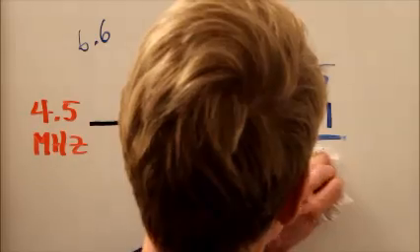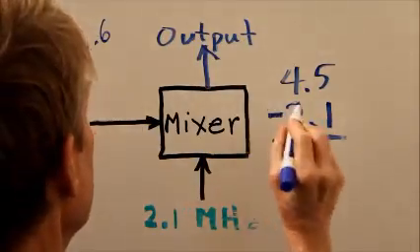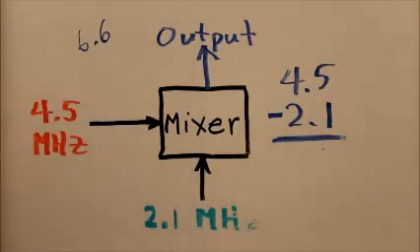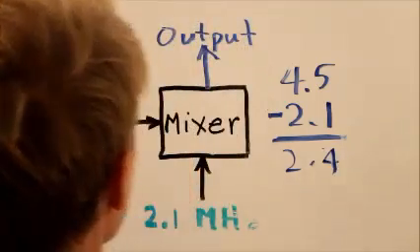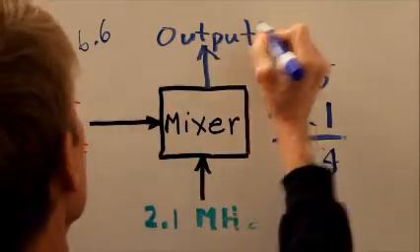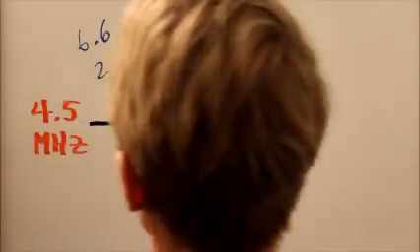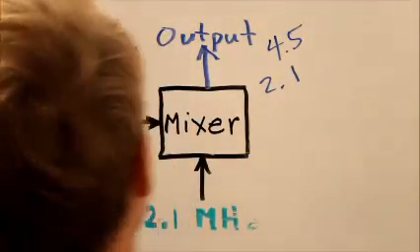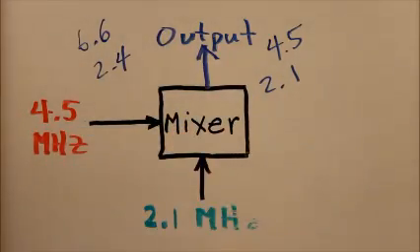We'll also see a mixing product at the difference frequency, 4.5 minus 2.1. That works out to 2.4 megahertz. So we will see 2.4. Presumably also at this output we will see 4.5 megahertz and 2.1 megahertz. So that's what happens in a device like this.